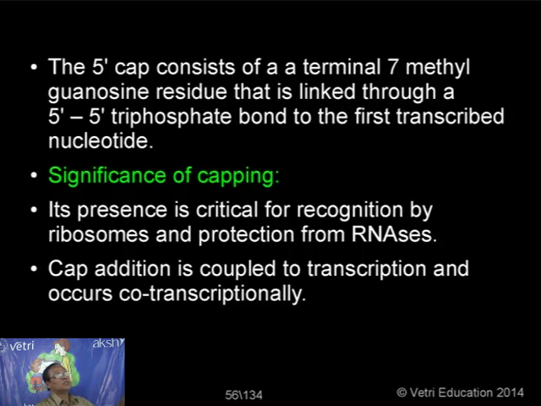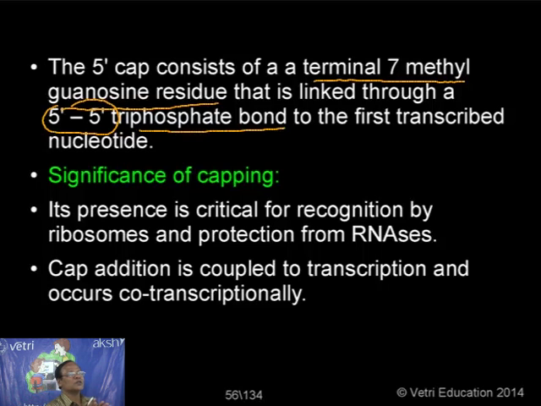Now, what is the composition of the cap? The cap consists of a terminal 7-methyl guanosine residue. That is linked to the nascent mRNA, the newly formed mRNA, through a 5' triphosphate bond, as soon as the first nucleotide of the mRNA is formed.